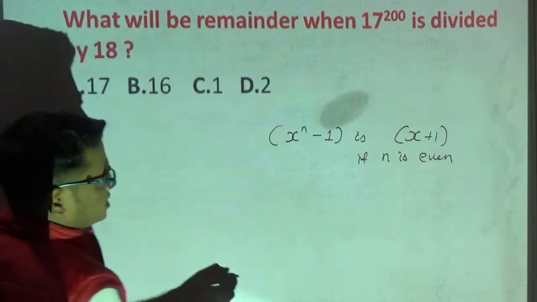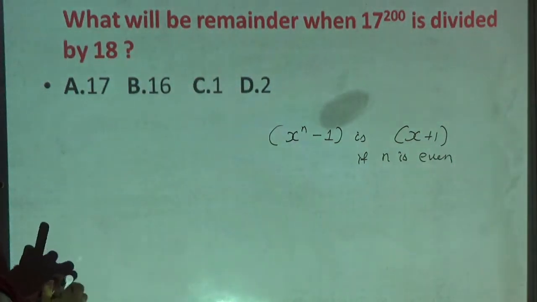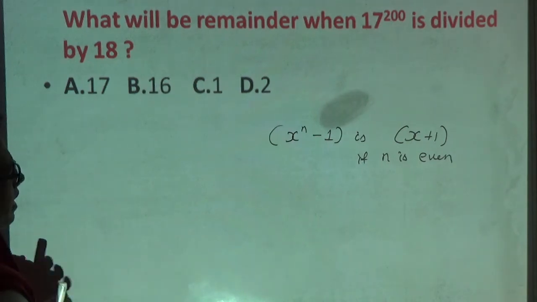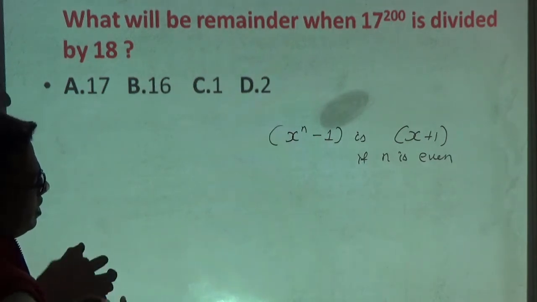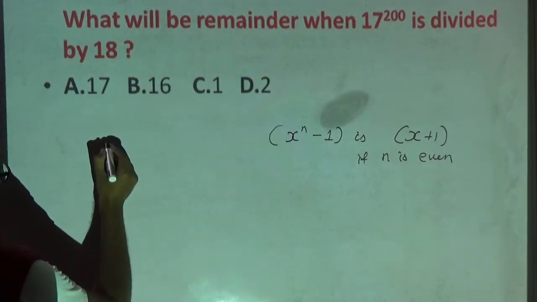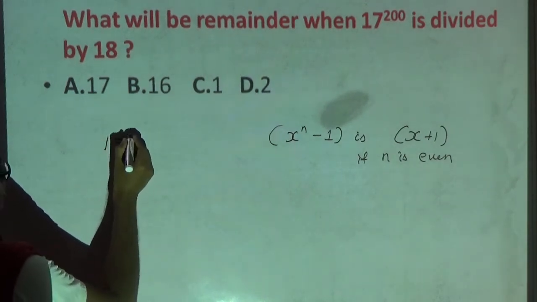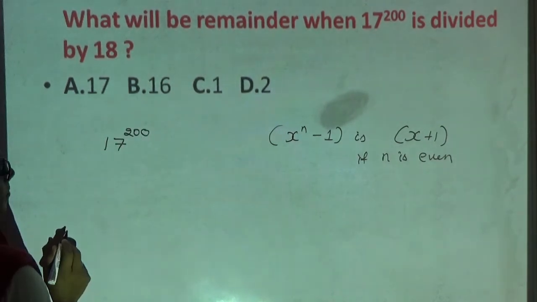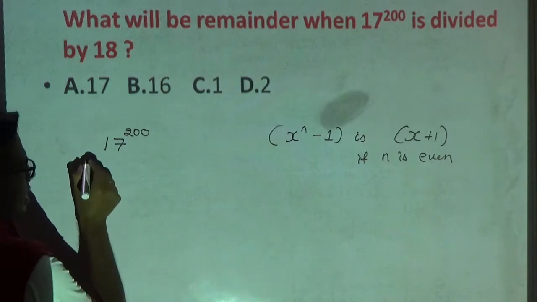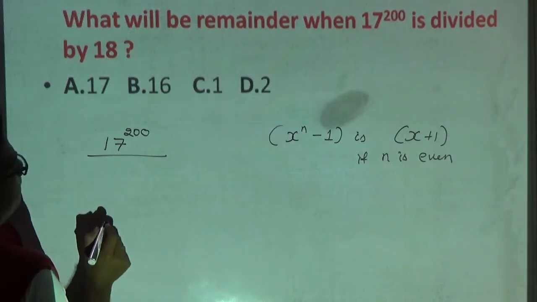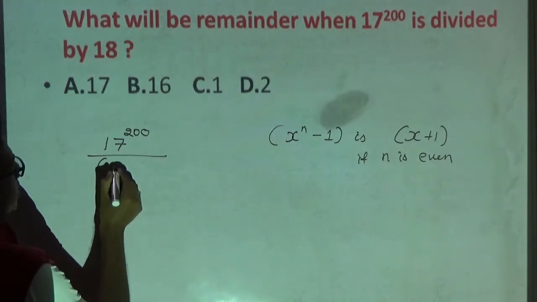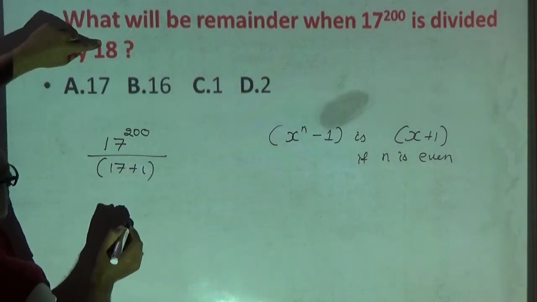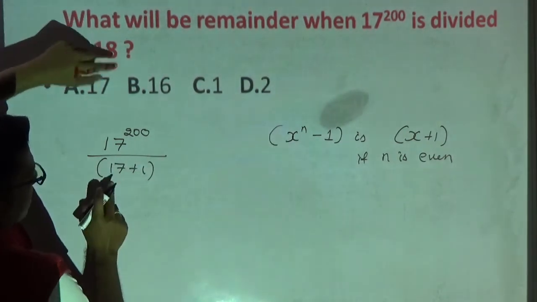Correct? I know this concept. Now I will put it like this. 17 power 200 is completely divisible by 17 plus 1, that is 18.